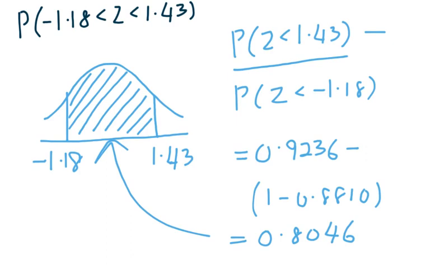Alright, so that is the first part for chapter 5. I'll see you in the next video for finding probability for a real situation using a real variable, and in the video after that, the last part, for finding the value of a variable when you are given the probability value.